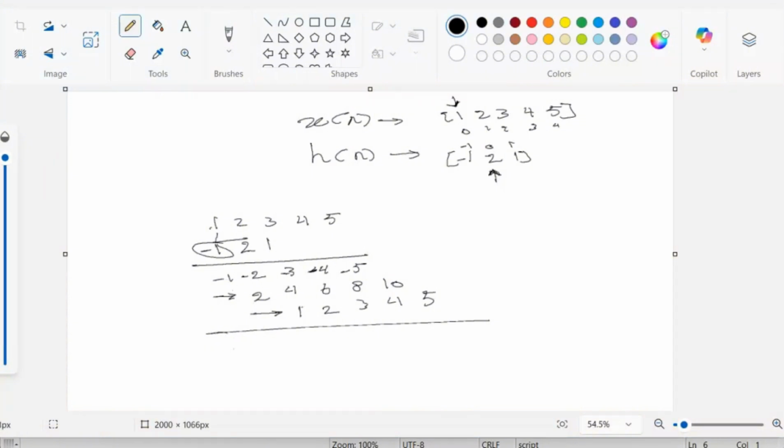So here we have negative 1, 0, 2, 4, 6, 14, and 5. If I draw the line here, you can see it much better. All right, so this is our result.